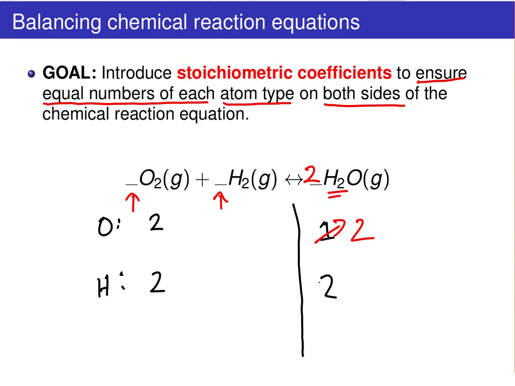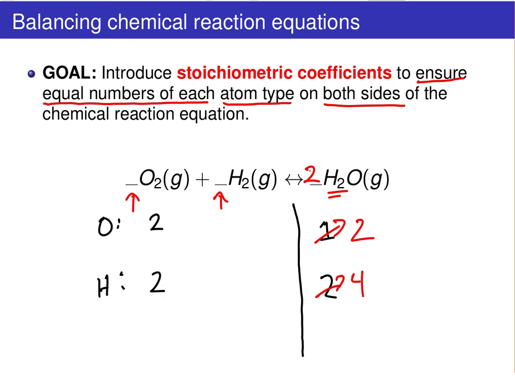So it's very important to remember to carry out that change. When we introduce a given stoichiometric coefficient, we need to change the corresponding number of all atom types that that coefficient affects. So in this case, we now go from 2 to 4 hydrogens because we have 2 of these sets of 2 hydrogens that are associated with each oxygen in a given water molecule.